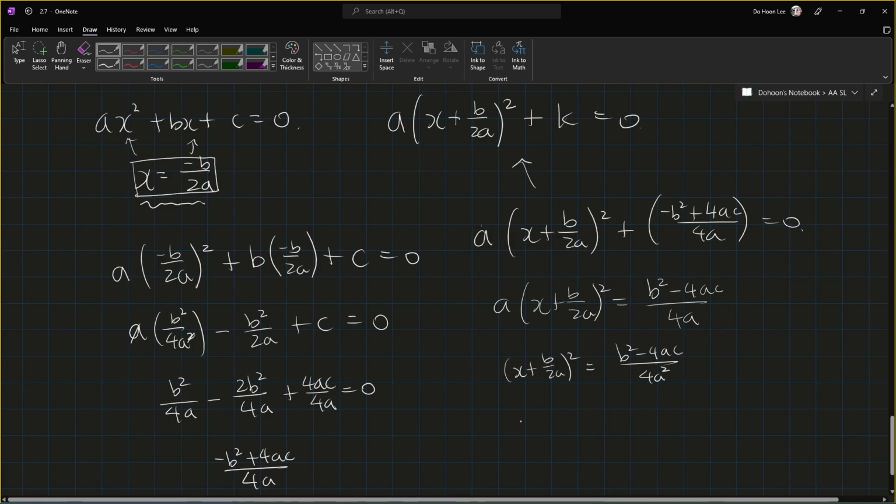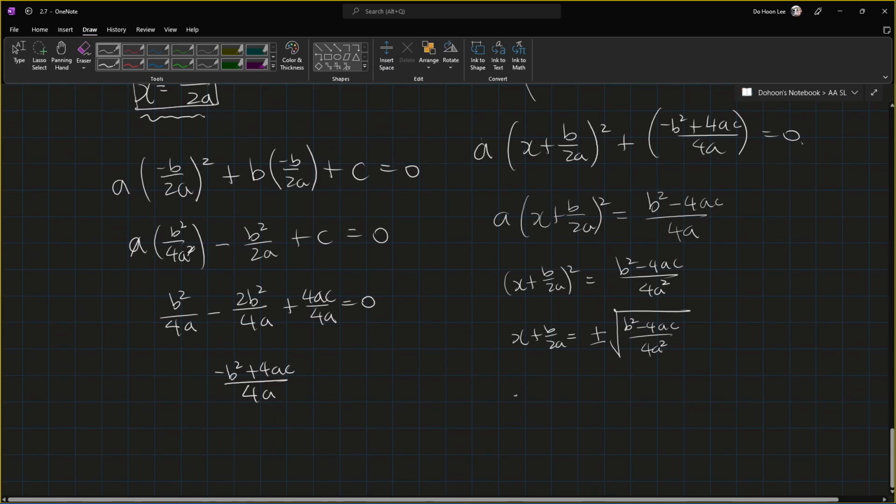And then let's square root it. X plus b over 2a equals, remember, when we're square rooting, we need to include both positive and negative, so plus or minus the square root of b squared minus 4ac over 4a squared. And then let's take the b over 2a to the other side.